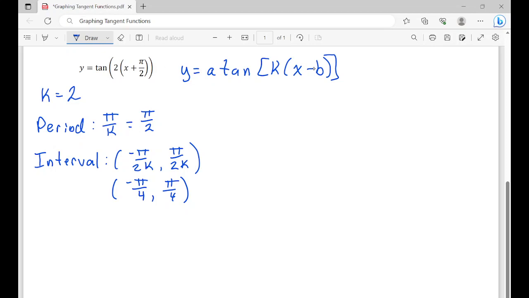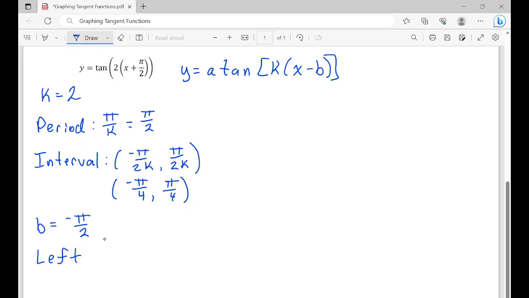Now we have a minus b here, but it's a plus pi over 2 in here. So that means to make this a plus, this needs to be a negative number. So b here is negative pi over 2, which means it's shifted left by pi over 2. So we're going to actually subtract pi over 2 from both of these here.